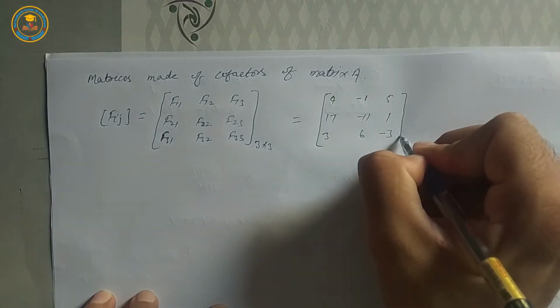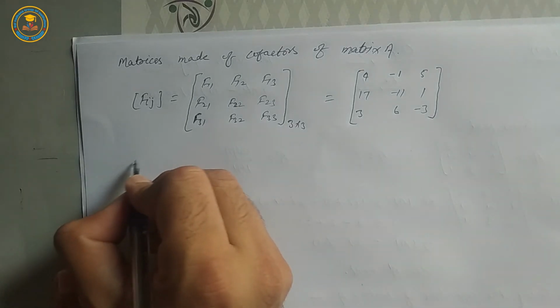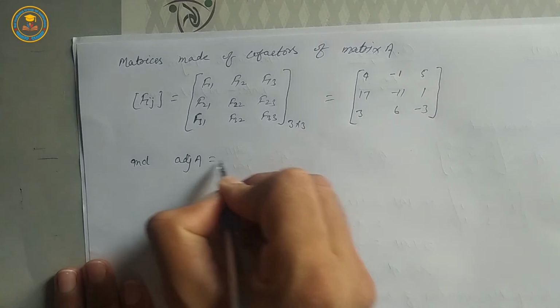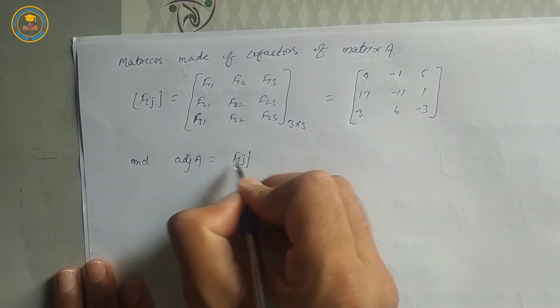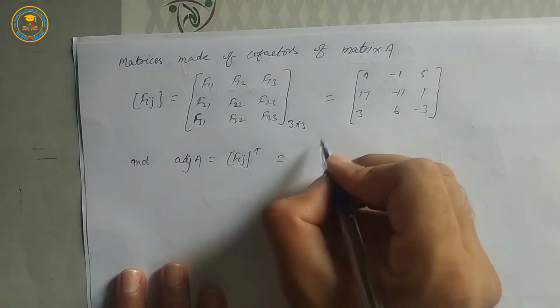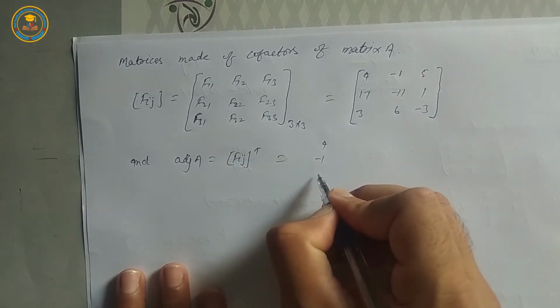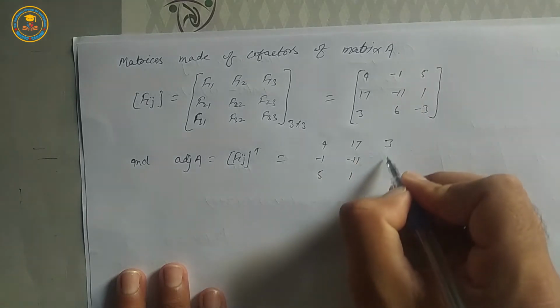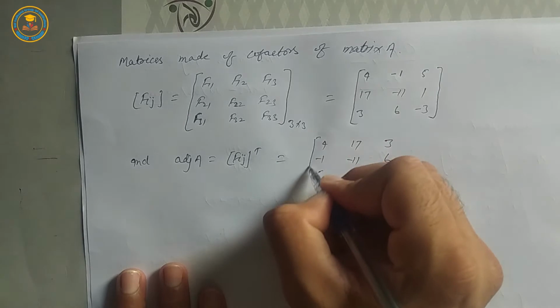Okay, and adjoint A is equal to transpose of Fij, equals to the transpose of [4, minus 1, 5; 17, minus 11, 1; 3, 6, minus 3].